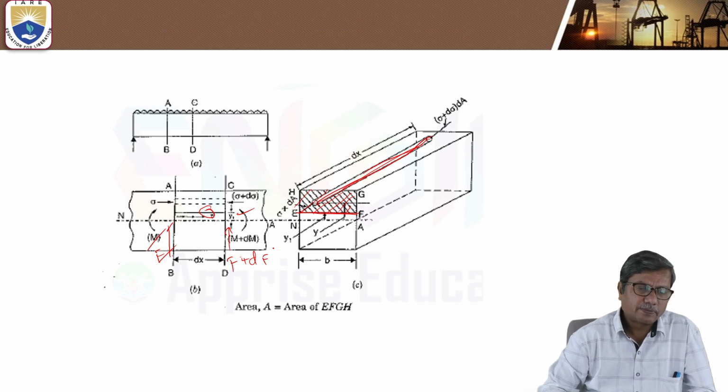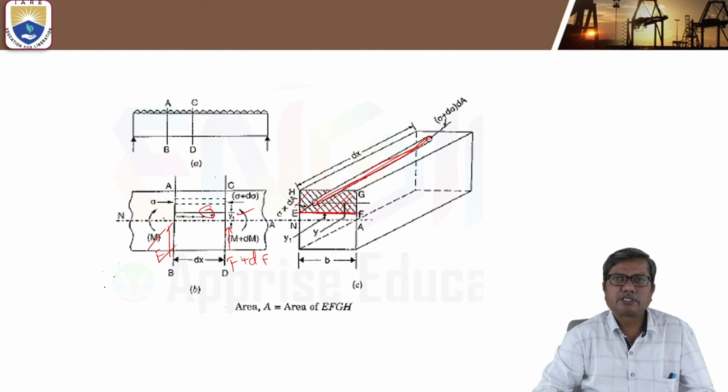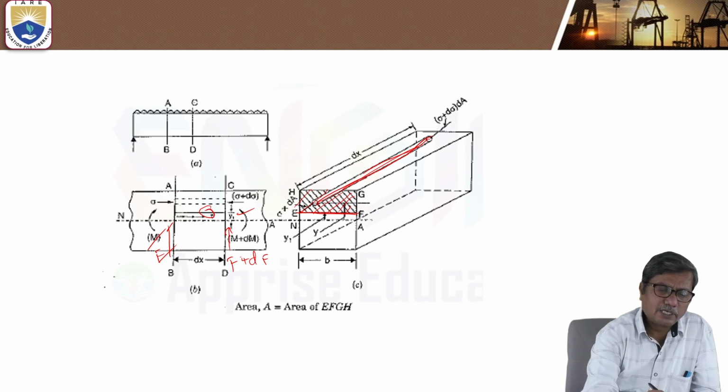So because of this, bending stresses will be developed on these two cross sections, and the bending stress distribution is linear, as we know.